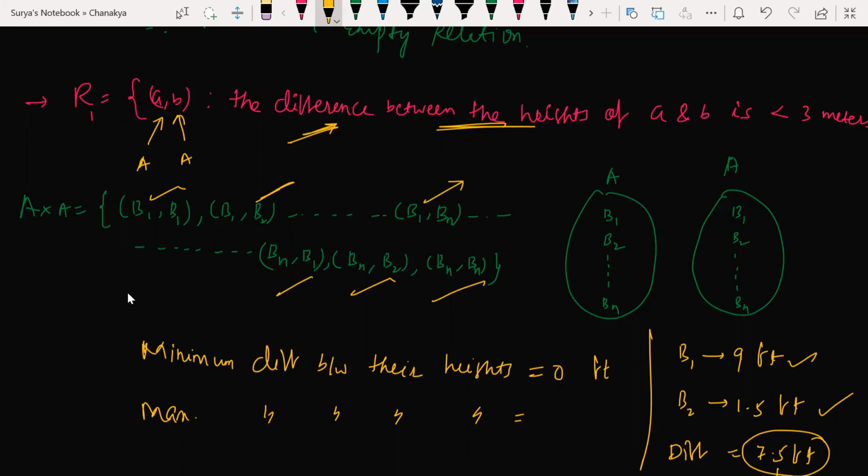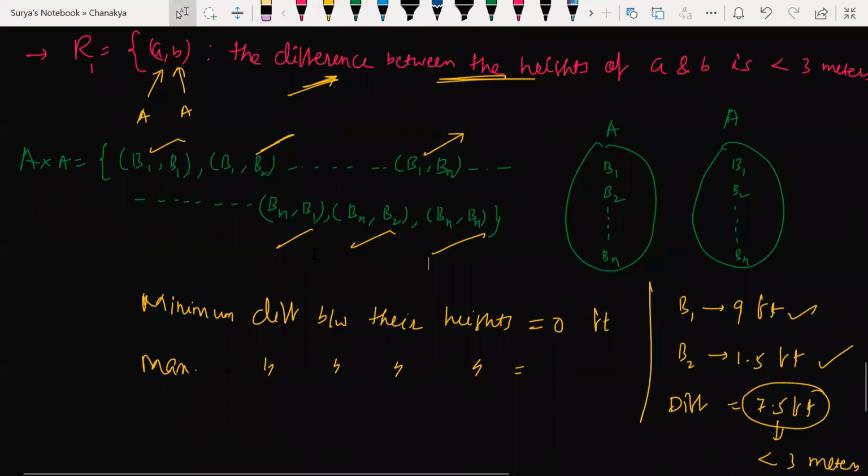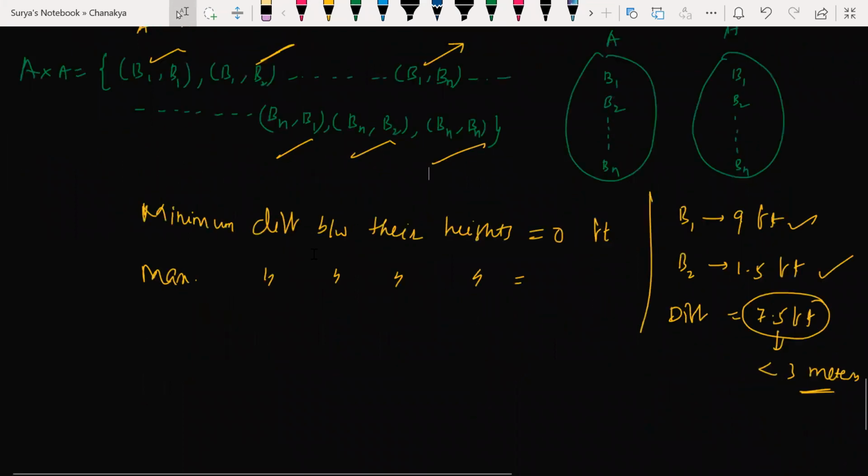Take the maximum, 7.5 feet, which is still less than 3 meters. Do you understand? Getting my point, people? Yes, sir, every ordered pair will be satisfying. So that is the reason why we are saying R1 is a universal relation. Hope you got the point.